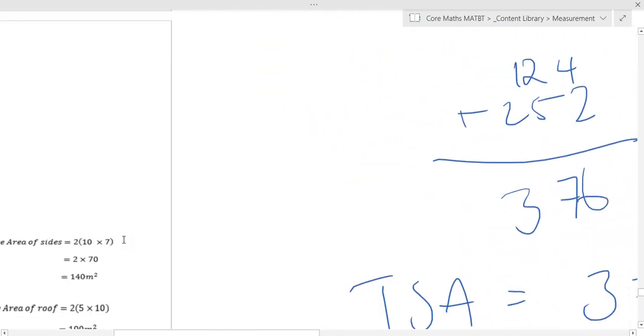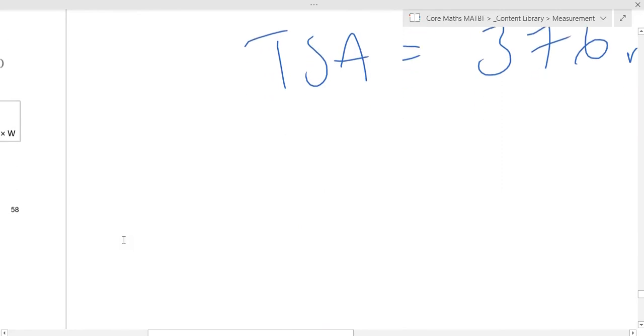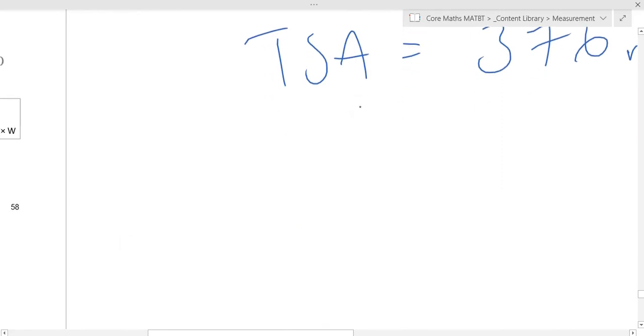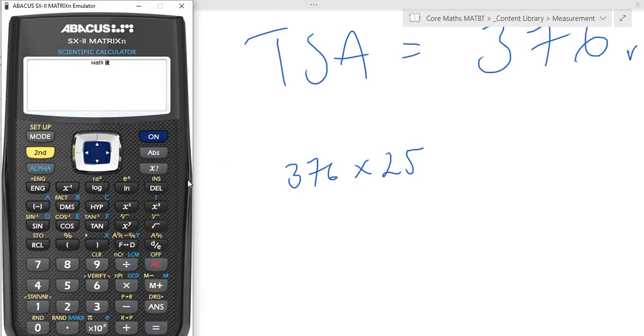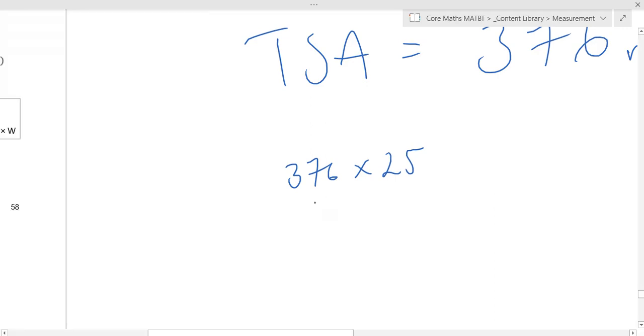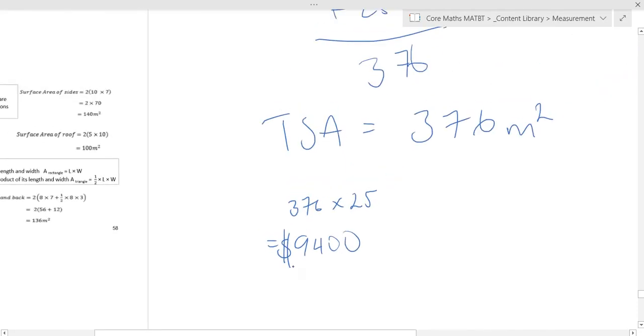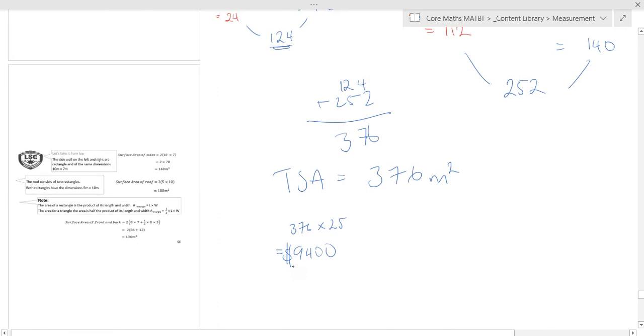So if your total surface area is 376 and each meter is $25, so 376 times 25. Just put it in your calculator. That's a very big number. So 376 times the $25 equals $9,400 as a total cost.